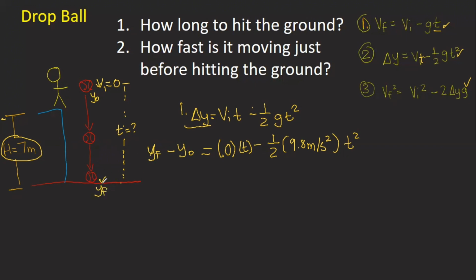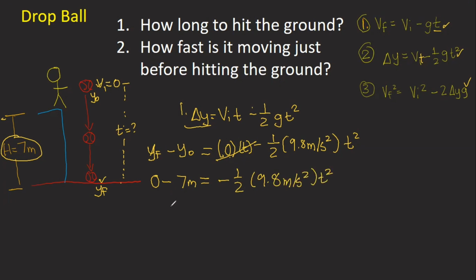Therefore, if our basis is the ground, the final position is 0 minus the initial position, which is the same as the height, 7 meters, equals 0 times time, which is already 0. So it became 0 minus 1/2 times 9.8 meters per second squared times the time squared.